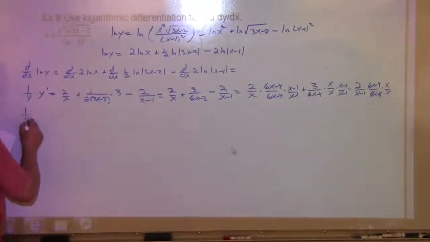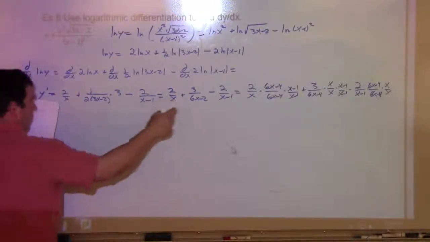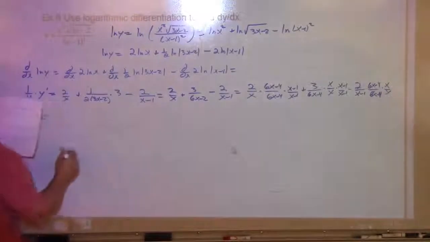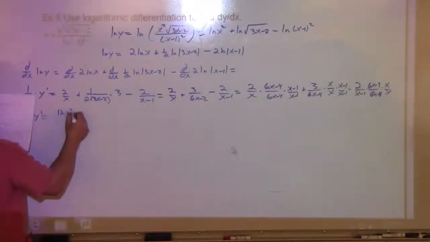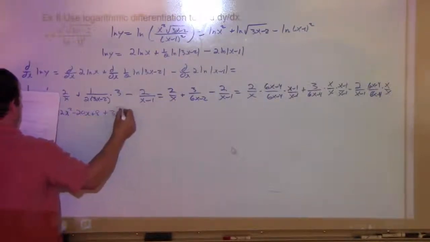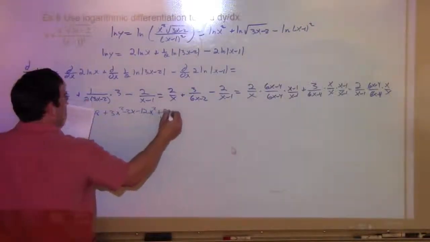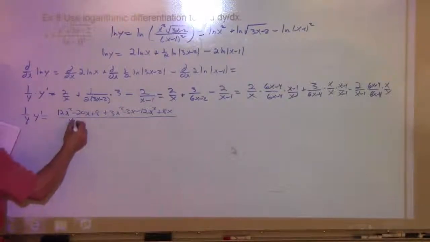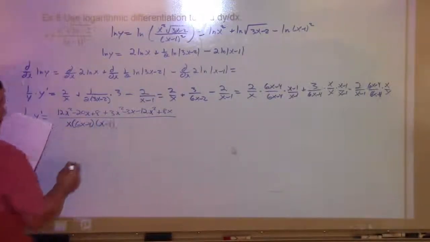So our 1 over y times y prime is going to become, we have the common denominator. If we start multiplying here, we end up with 12x squared minus 20x plus 8 plus 3x squared minus 3x minus 12x squared plus 8x, all over the common denominator, which is x times 6x minus 4 times x minus 1.